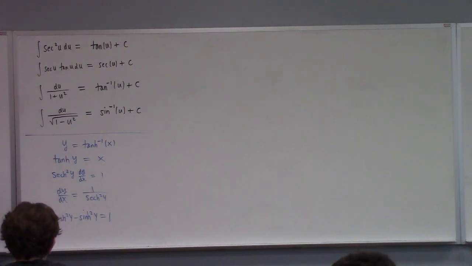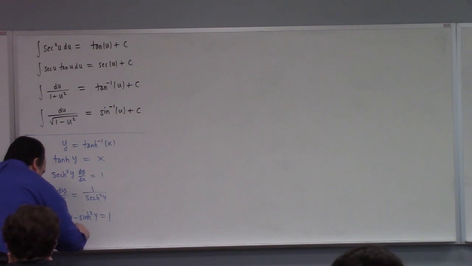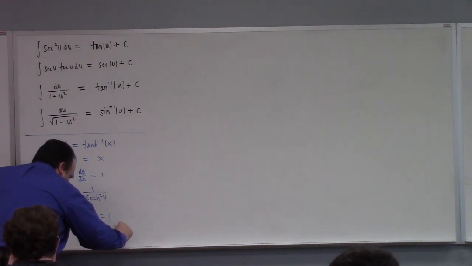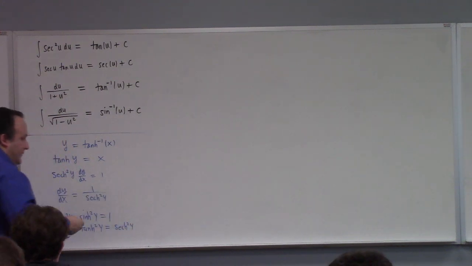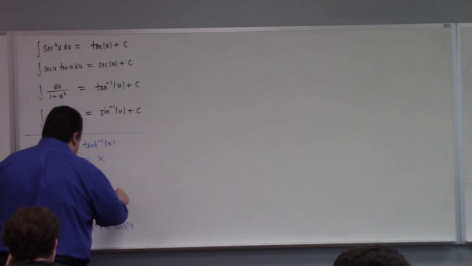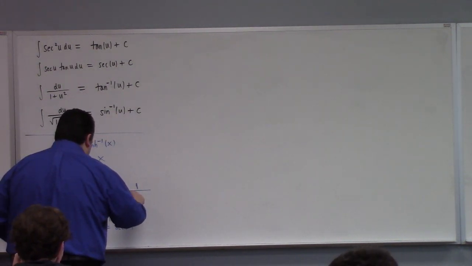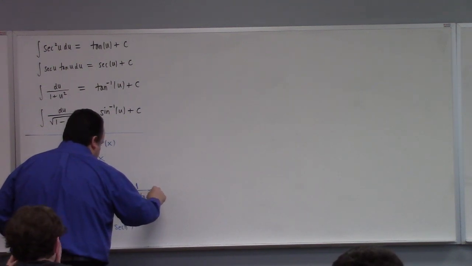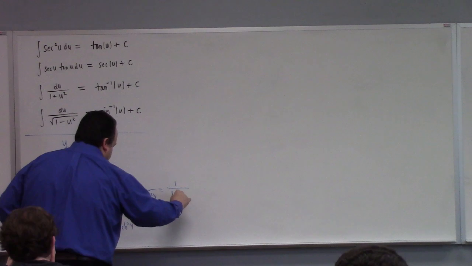So if I divide that by cosh squared, I get 1 minus hyperbolic tangent squared y is equal to hyperbolic secant squared y, because 1 over cosh is hyperbolic secant. We can rewrite 1 over secant squared as 1 over 1 minus tangent squared y, which in this context is 1 over 1 minus x squared.